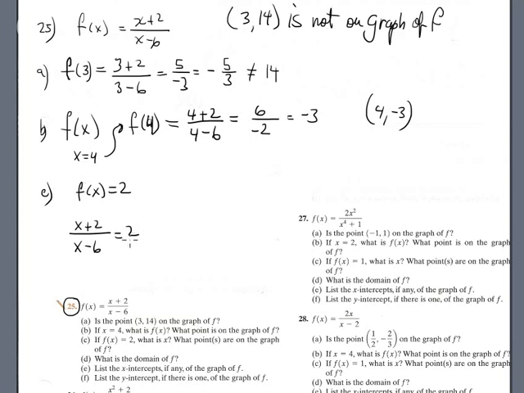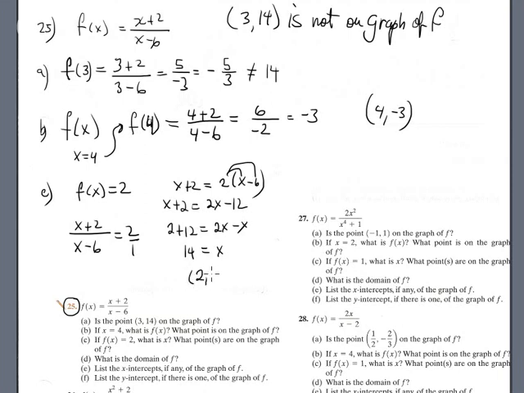In this case it's a proportion, so you apply cross multiplication. x plus 2 times 1 is x plus 2, equal to 14 times (x minus 6). Okay, x plus 2 is equal to 14x minus 84. Distribute here. Then 2 plus 84 is equal to 14x minus x, so 86 is 13x. Therefore x is equal to 86 over 13. Actually, the point is (x, 14) with x being that value.